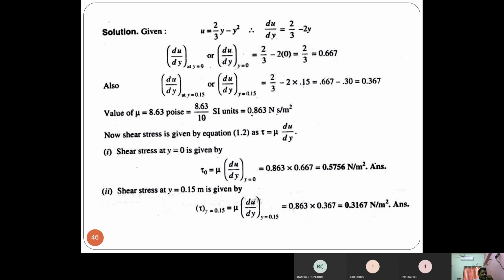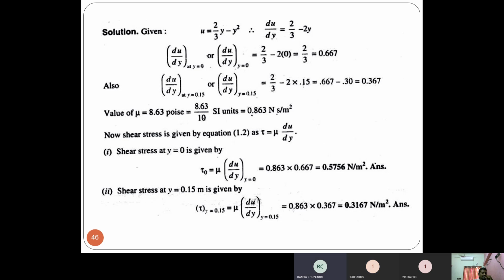So differentiate this velocity expression with respect to y. du by dy is equal to 2/3, which is a constant, dy by dy is equal to 1, so 2/3 into 1, minus the differentiation of y square with respect to y, that is n into y power n minus 1, so 2 into y power 2 minus 1. 2 minus 1 means 1, y power 1 means y. So du by dy is equal to 2/3 minus 2y.